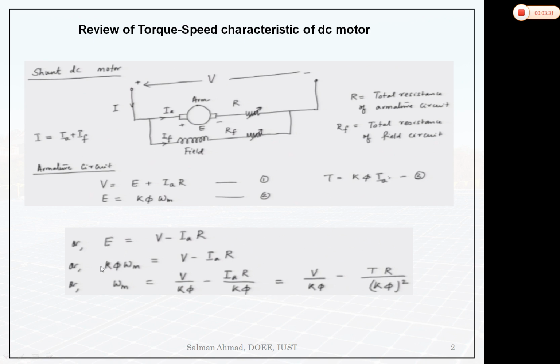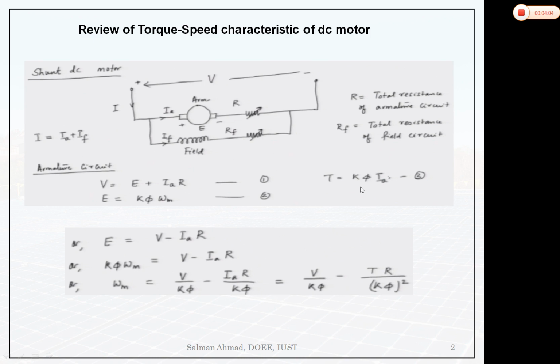We get K phi omega m is equal to V minus Ia R. So speed omega m is equal to V divided by K phi minus Ia R upon K phi. Now again we can substitute Ia from equation 3. Ia is nothing but T upon K phi. So the first term is V upon K phi minus T times R upon K phi square.